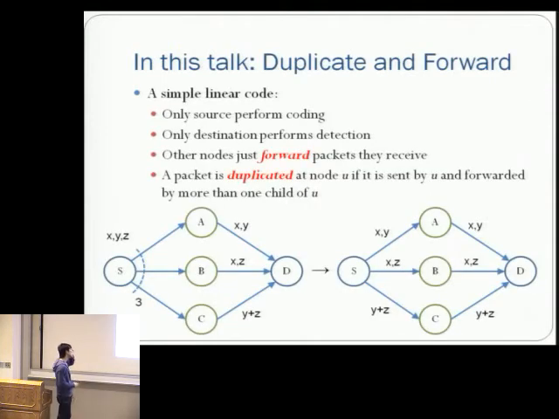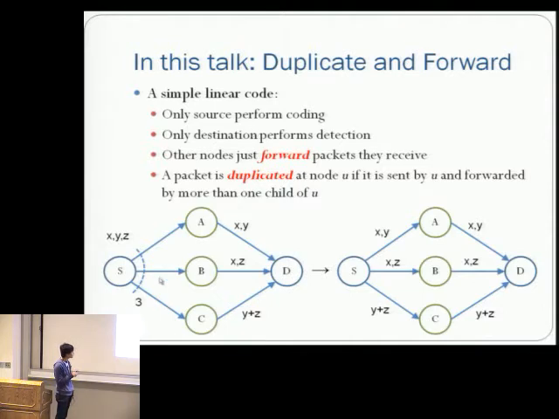In this talk, we'll just focus on a very simple linear code, and try to see what's the best we can get from that. We call this algorithm duplicate and forward. In this code, only the source is performing coding, and only the destination is doing detection.